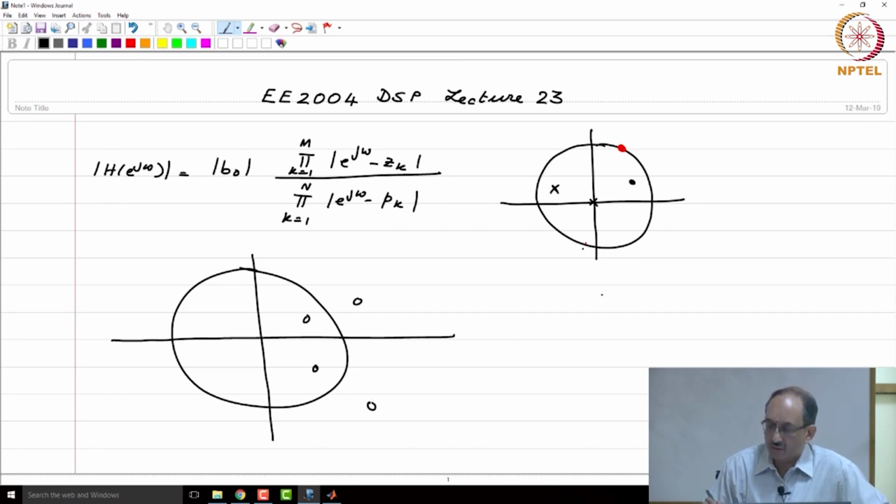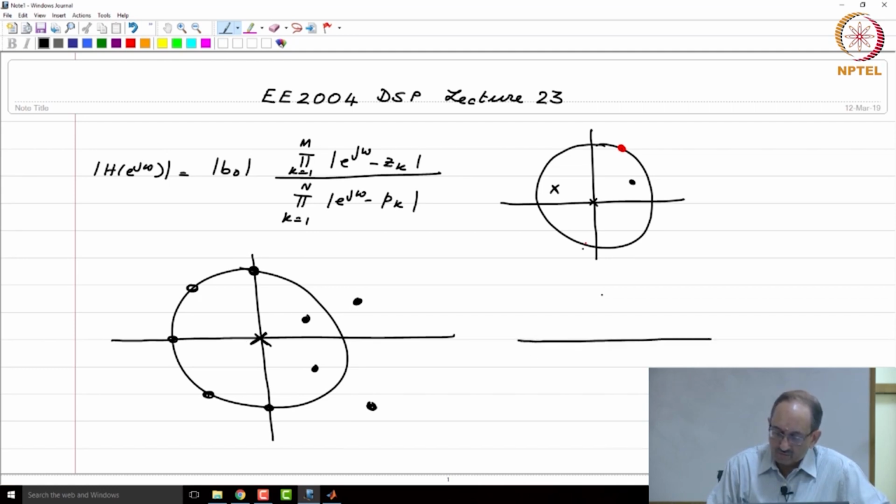In that context, you will see plots similar to what I have drawn just now. These are the zeros of an FIR filter, and any pole that is there has to necessarily be trivial. So, this is the pole zero plot.